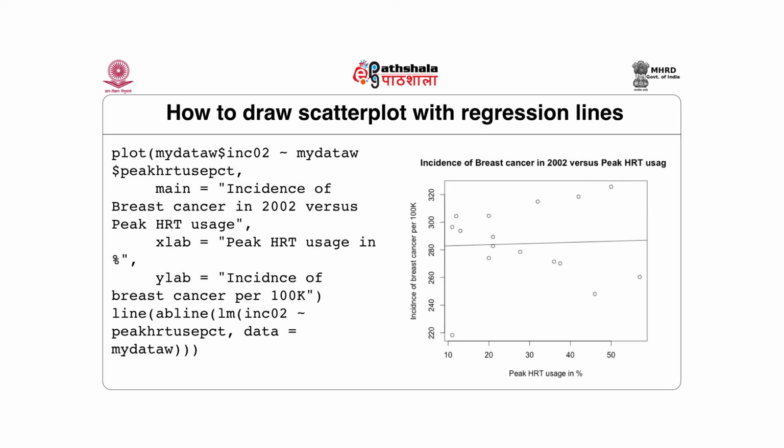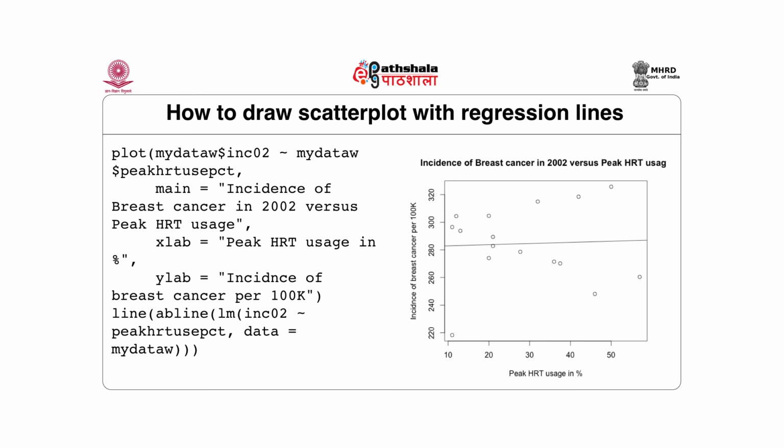And then you can use the line function in order to put in the regression line. But note, in order to put in a regression line, you will have to tell R that you are going to run a regression where you regress the incidence rates for 2002 on the peak HRT use percentage, and R will automatically construct the best fit line and put it onto the plot.